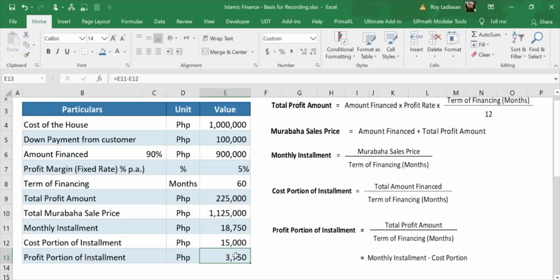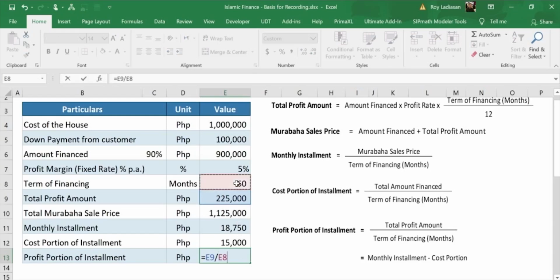Another way of calculating the profit portion of the installment is, since we already determined the total profit amount amounting to 225,000, we just divide that amount by the term of financing, which is 60 months.